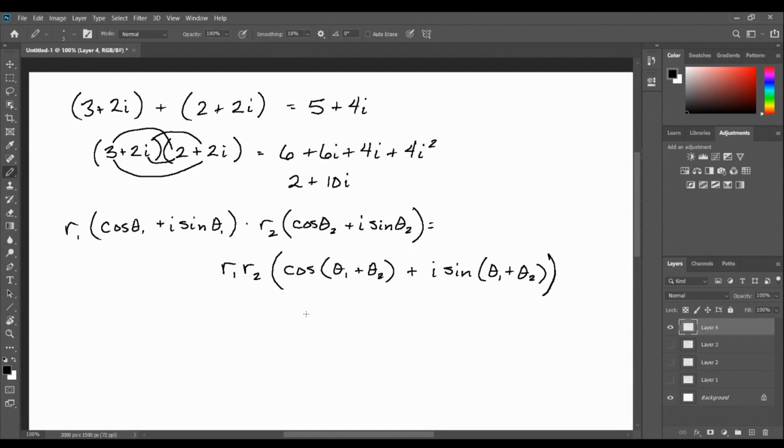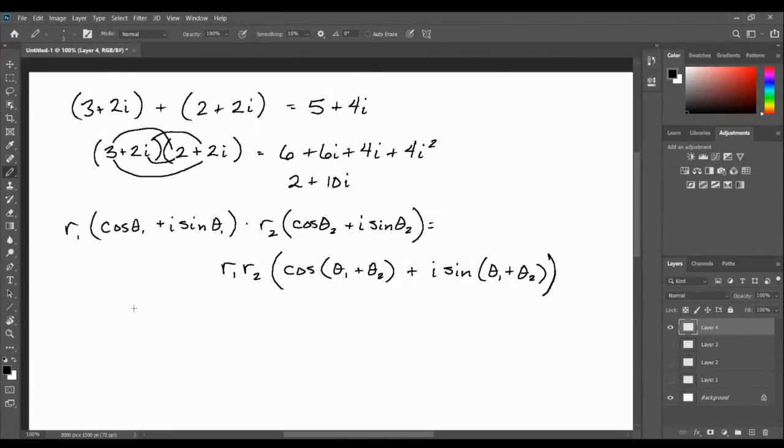I'm sure if we distributed the r's and then FOILed and did everything, we could come up with the same thing, but the reality is it's faster just to use this one formula.